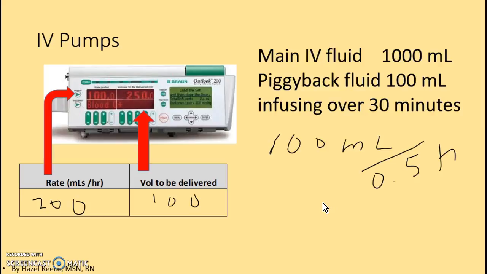We want it to go back to the original rate of, let's say, 40 or 80, 83. So like 83. So that's where you have a setting on here that you have the piggyback rate, and you also have the main IV fluid rate. So after it finishes putting in what's the piggybacked one, it goes back to the main IV rate.